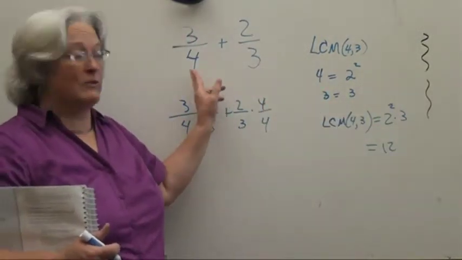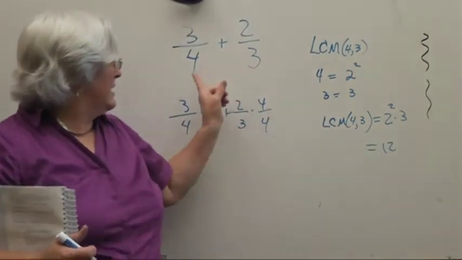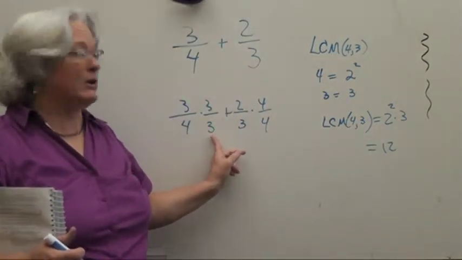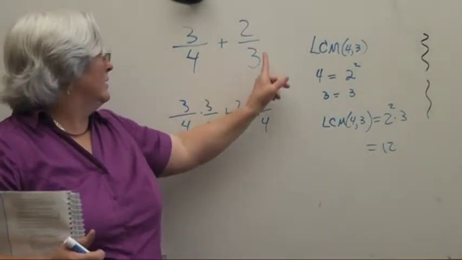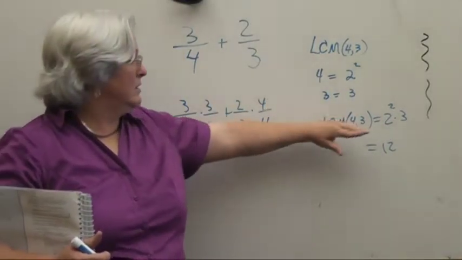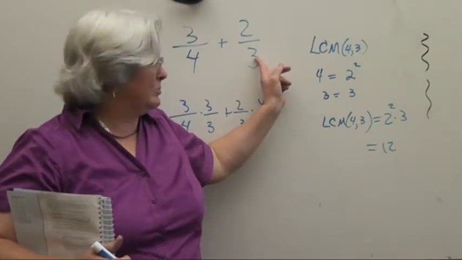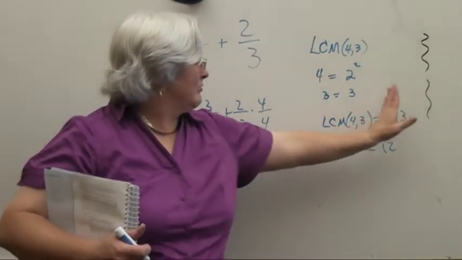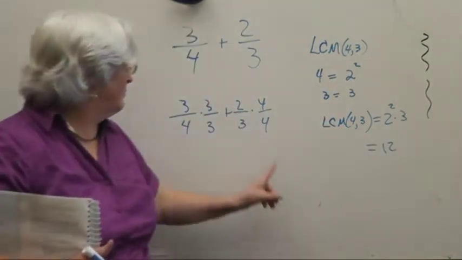We already have the factor of 4 from our least common multiple. When we add a 3 in the denominator here, 4 times 3 is 12. Similarly, with 2/3, we have to have our least common multiple in the denominator. We already have the 3, so we have the factor 2 squared, the factor of 4, left.